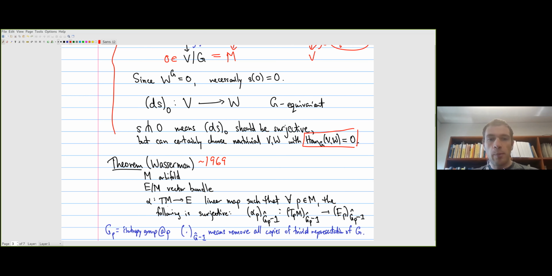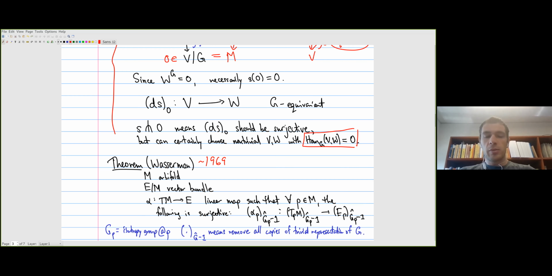So what we need is a linear map from Tm to E, which at every point I don't require to be surjective. I require the weaker property that it's surjective after you forget about all the trivial representations.